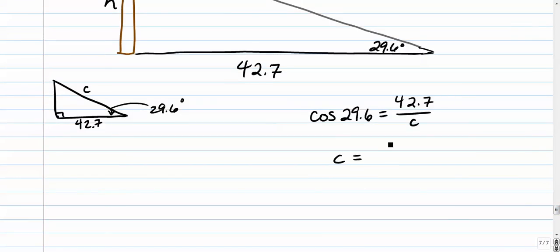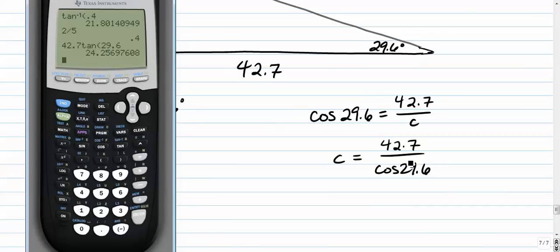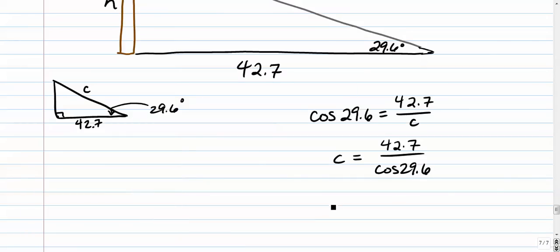So denominator is your variable, so just pull the old switcheroo there, and you go 42.7 divided by cosine 29.6. And the length of the cable is just about 49 feet. We'll call it 49.109. All right, and that is your length of the cable.